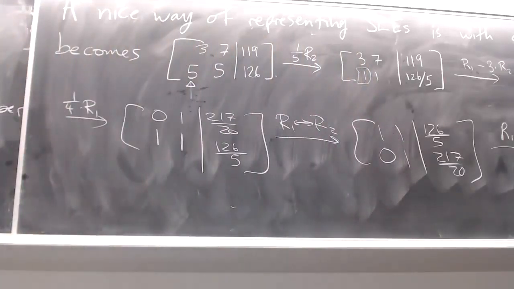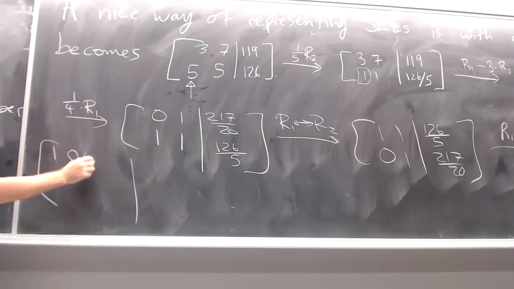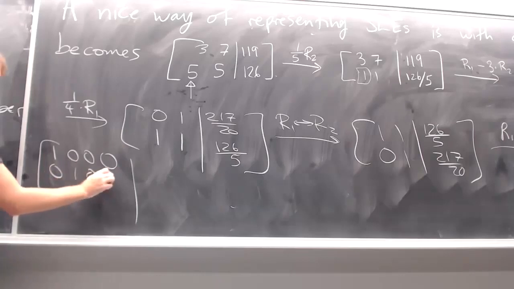But that's only when we're dealing with such a small example, where it's clear that you don't need to switch the rows. When we deal with bigger examples, it'll be convenient. Let's say we've got 4 equations. It'll be convenient to just get 1, 0, 0, 0, 0, 1, 0, 0.